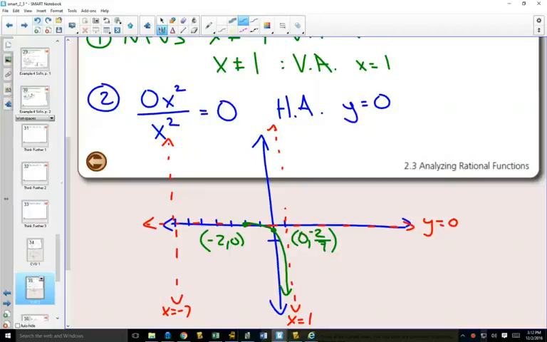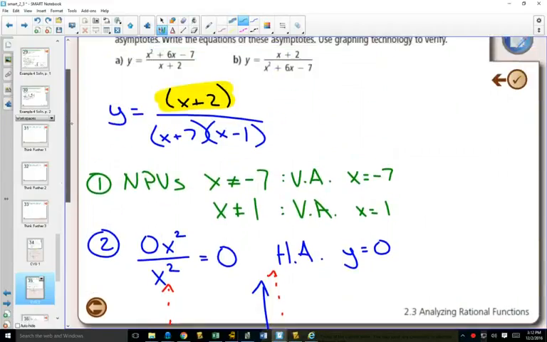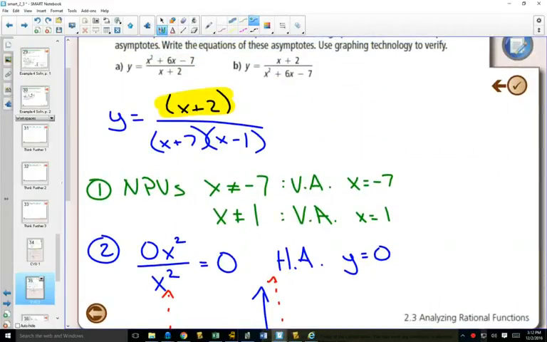So let's say we plug in -3 into our equation. Let's go up to our equation. Do you see that if I plug in -3 in the top, I'm going to get a -1. And on the bottom, I'm going to get 4 times a -4. So this equals 1 over 16.